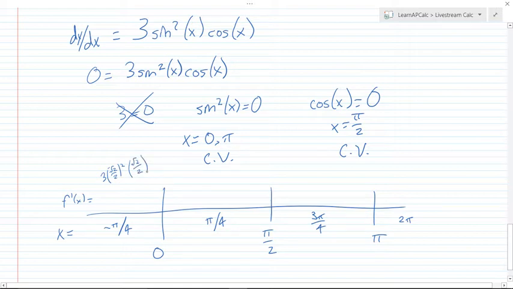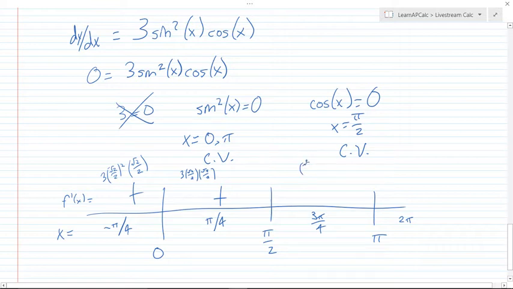And I don't need to actually do that to just know that that's positive. Sine of pi over 4, this is going to be sort of the same thing. That's positive.